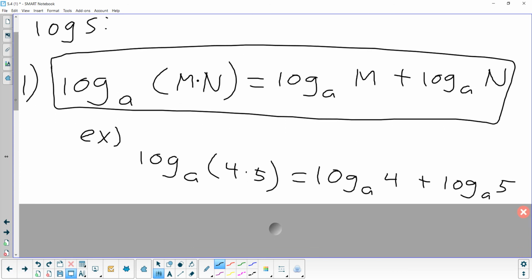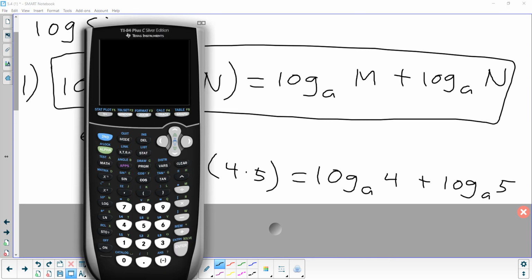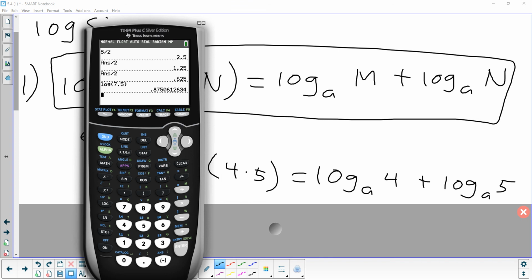If you have the log base a, and again, this a could be any base, 2, 6, 10, e, so you can do this with ln's. If you had log base a of 4 times 5, that would equal log base a 4 plus log base a 5. Let me show you that on the calculator, and I'll do it with base 10.